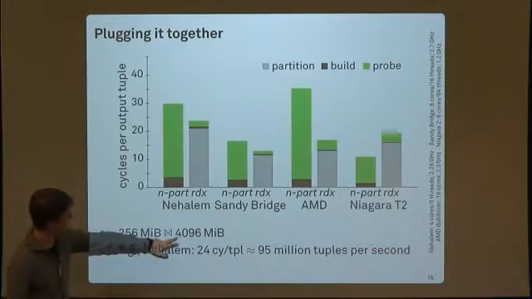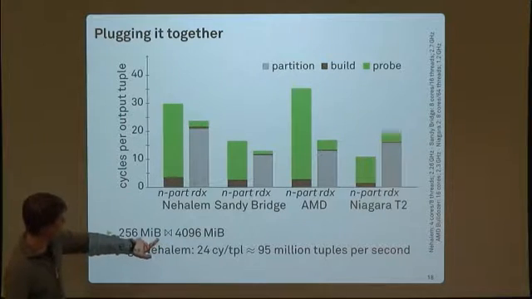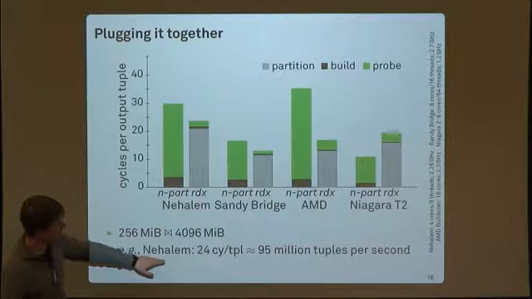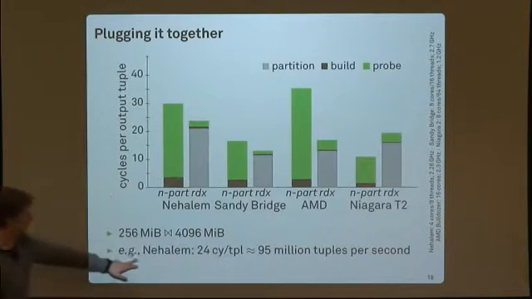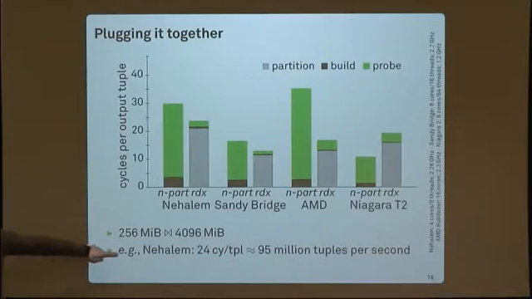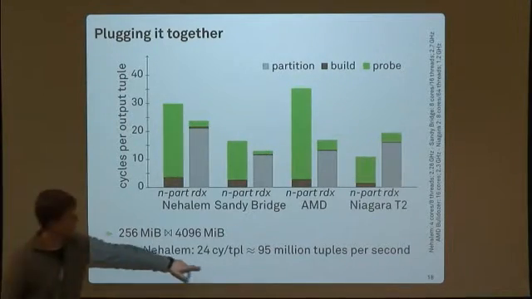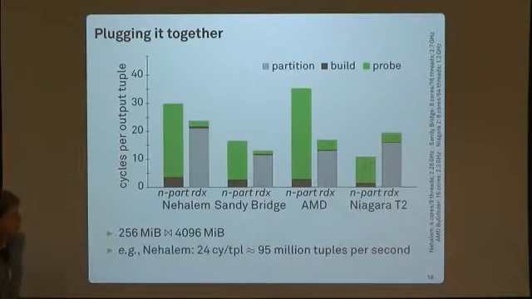This is a benchmark configuration that we took from the Wisconsin paper. To give you a feeling, on our Nehalem machine that we use, which I think has four cores, you get in the order of 100 million tuples per second in join throughput.